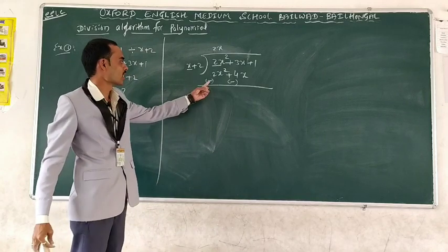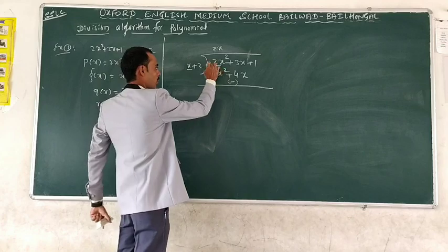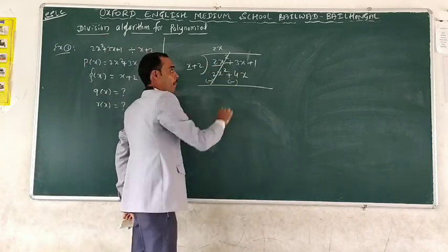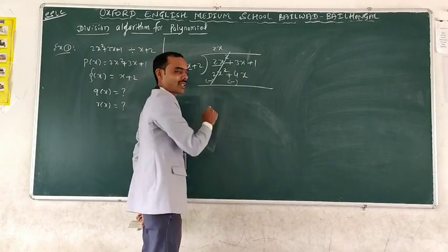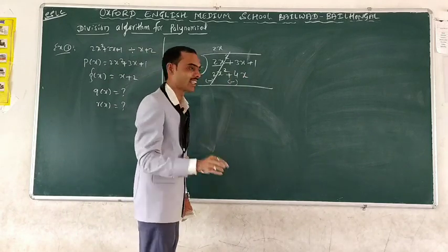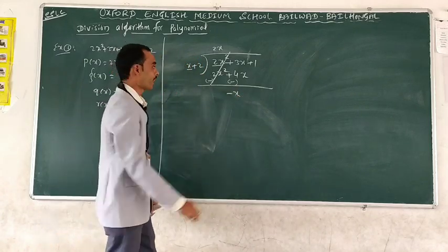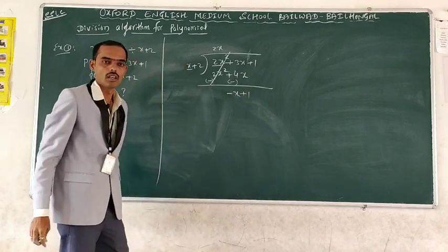Minus 2x square plus 2x square get cancelled. Minus 4x plus 3x gives minus 1x, which is minus x. Take 1 down, plus 1 as it is.